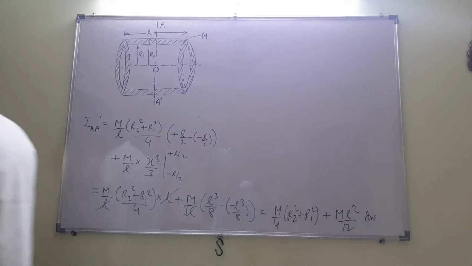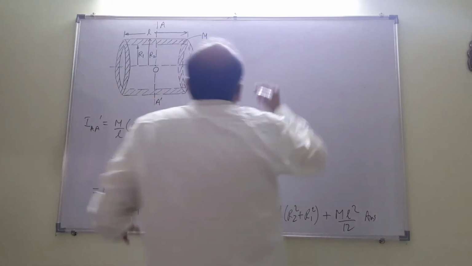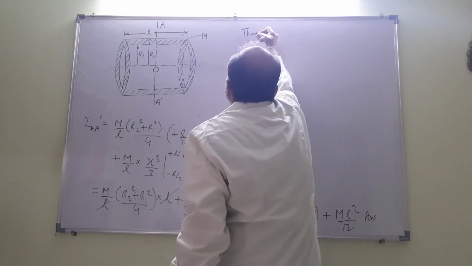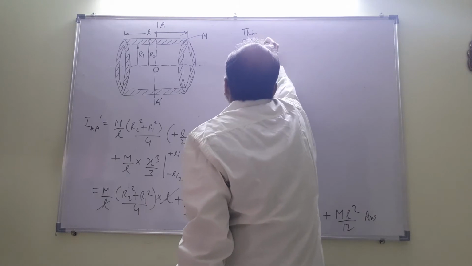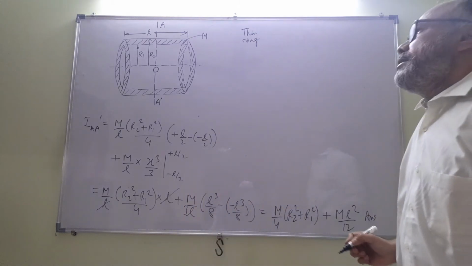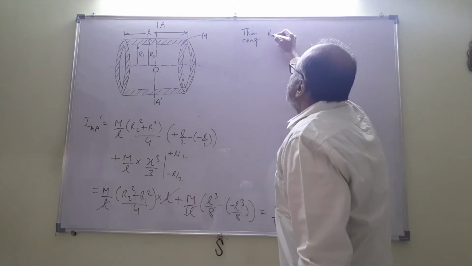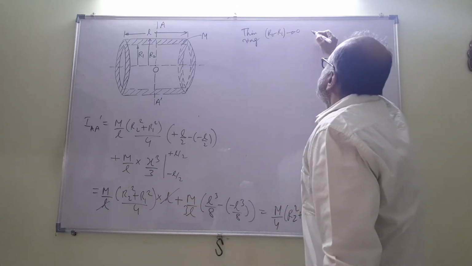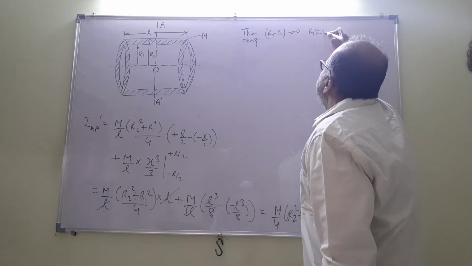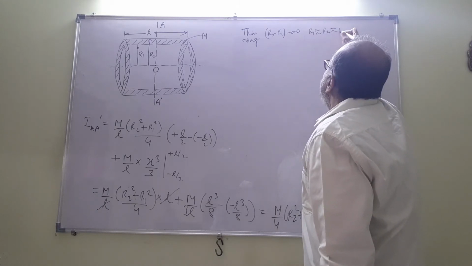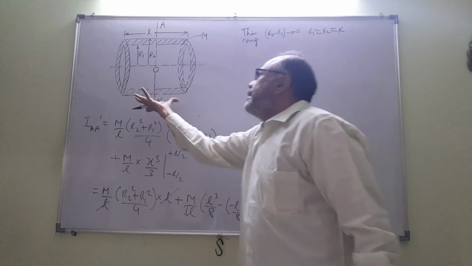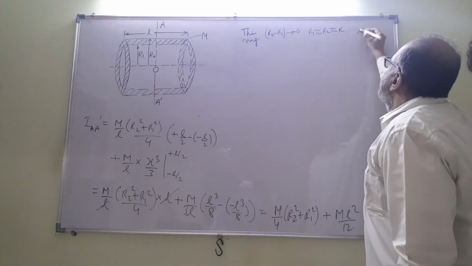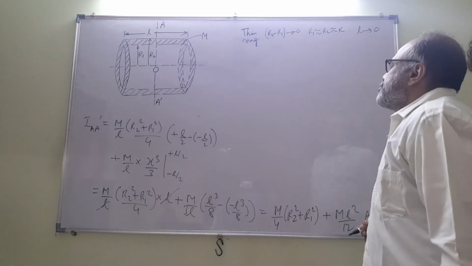First thing we would like to take is a thin ring. When you say it is a thin ring, what we are basically saying is that R2 minus R1 tends to 0, so that R1 is approximately equal to R2 is equal to some R, and the length also tends to 0.